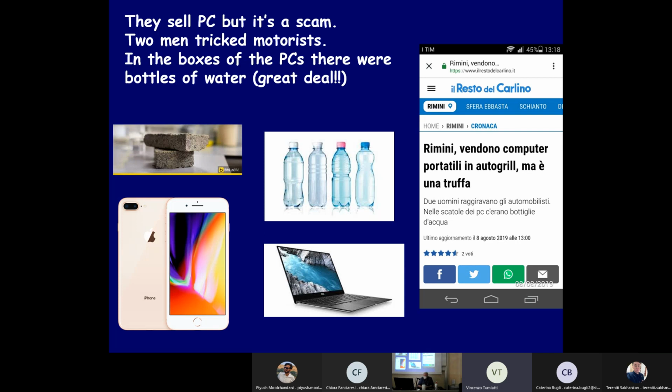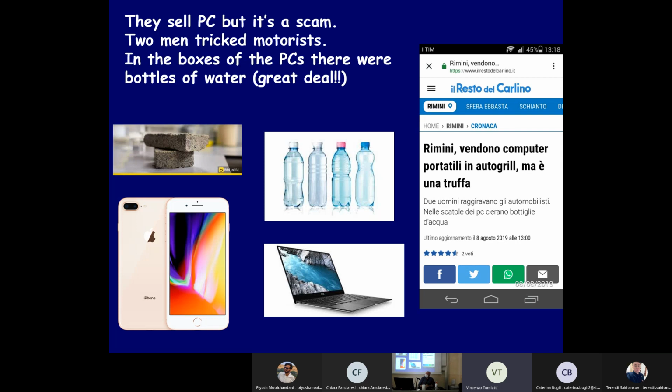So people, my wife probably, says, like you, okay, like me, yes. On the motorway, oh, my wife, I found an occasion, iPhone only 200 euros. Oh, yes, I can buy it. So you pay, you get a box.